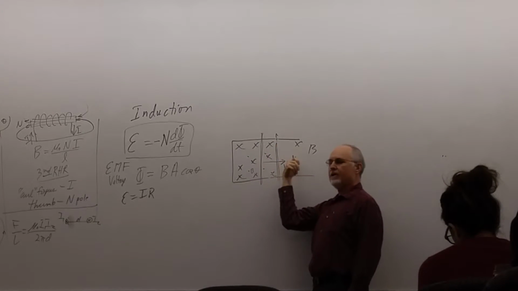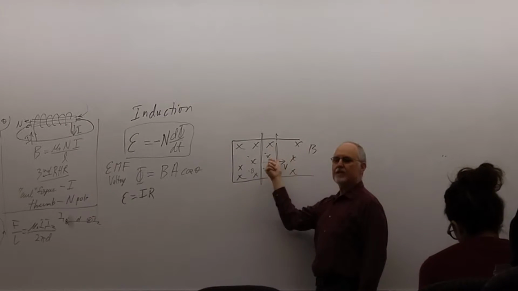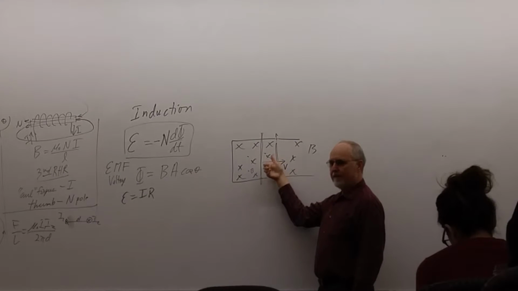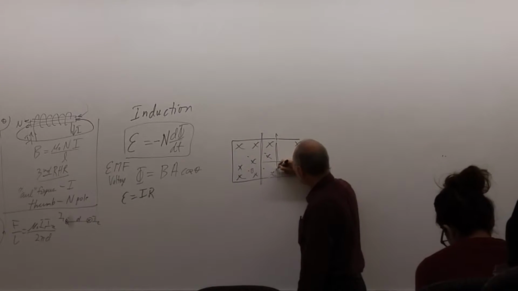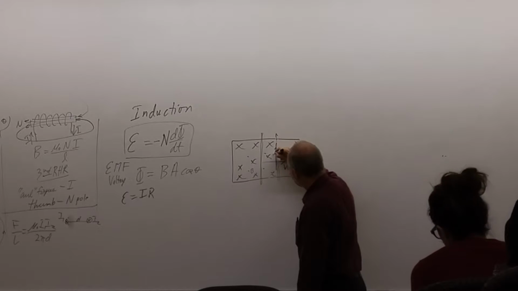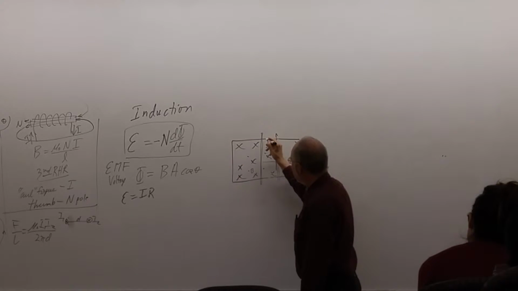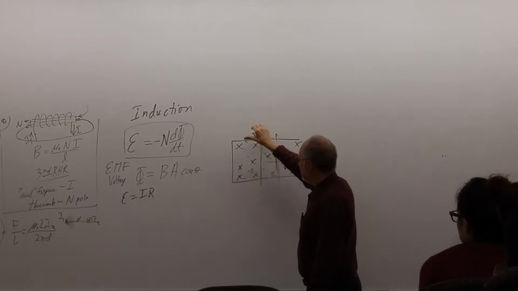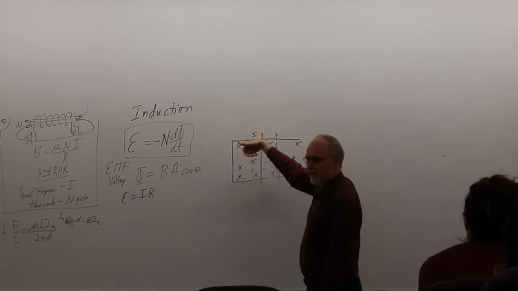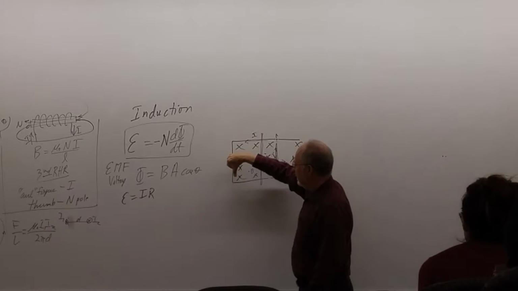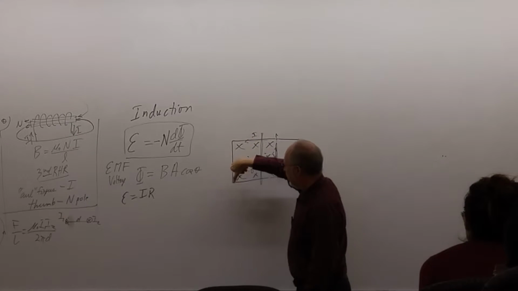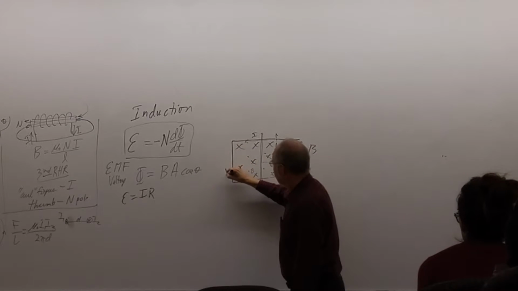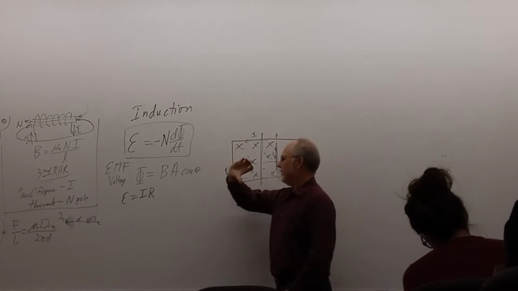So if I have my current going up, then on that side, my fingers are coming out of the board, and it doesn't matter what's happening on the other side here. It's only what's happening inside the area. So I would have them coming out, so I want current going this way over the top. That means it has to go like that. And again, below it, my fingers would be coming out of the board. On this end, thumb going down, to the right of that.